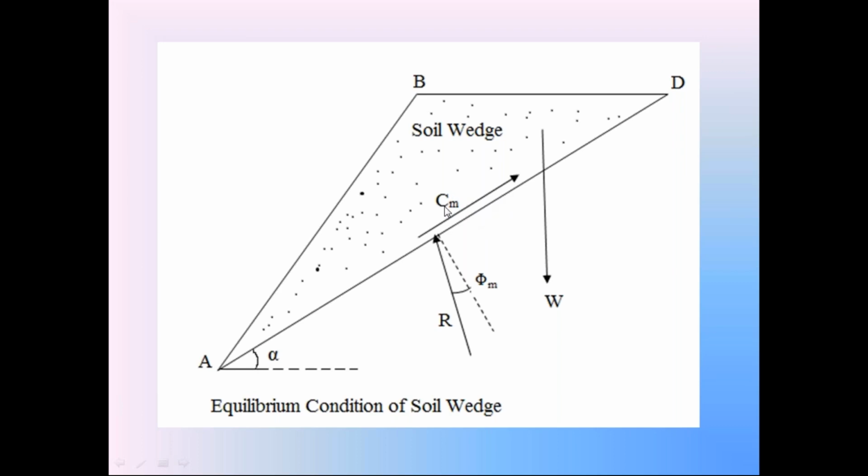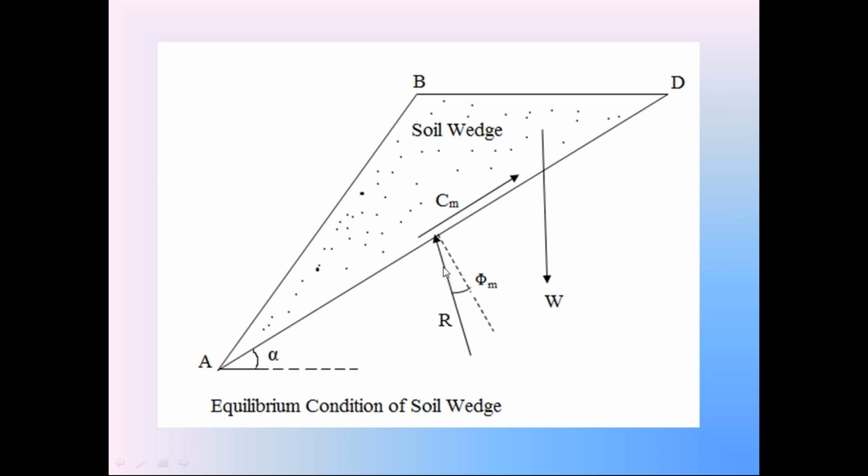Then between the force Cm and reaction R: the force Cm is acting along the surface AD, and this is the perpendicular to surface AD. So with this perpendicular, the force Cm makes the angle 90 degrees, and reaction R makes the angle phi m.